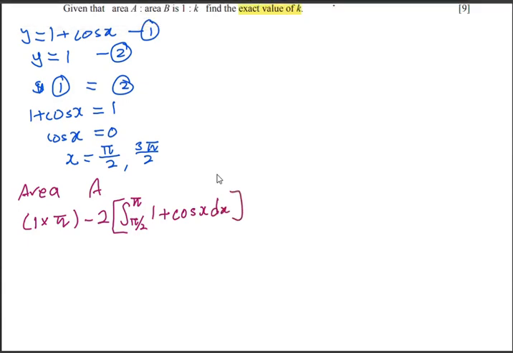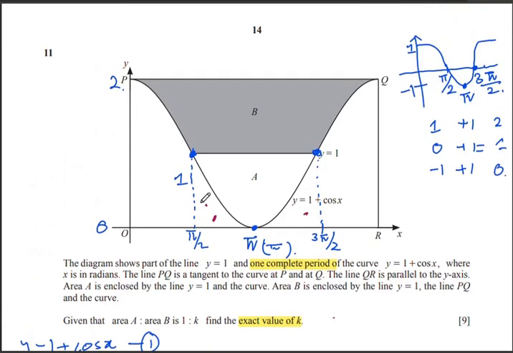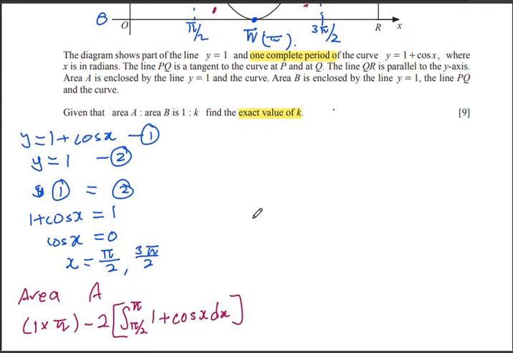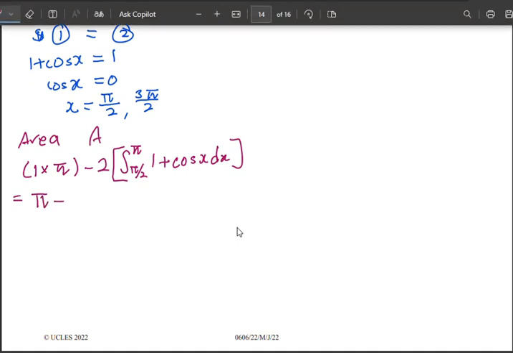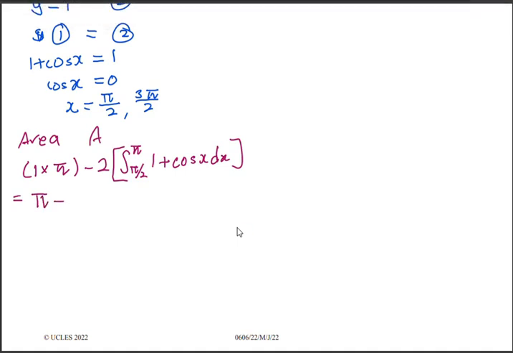Because I multiply by 2, I'm removing these two, and you can find area A. Let me just simplify it real quick. So pi minus 2 times the integral of 1 plus cos x.